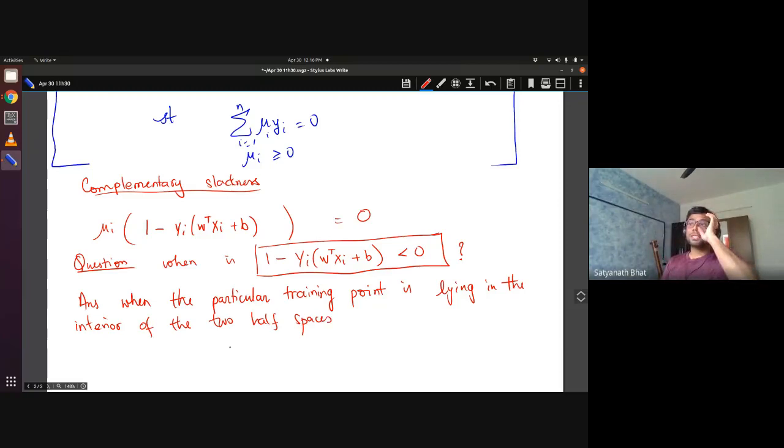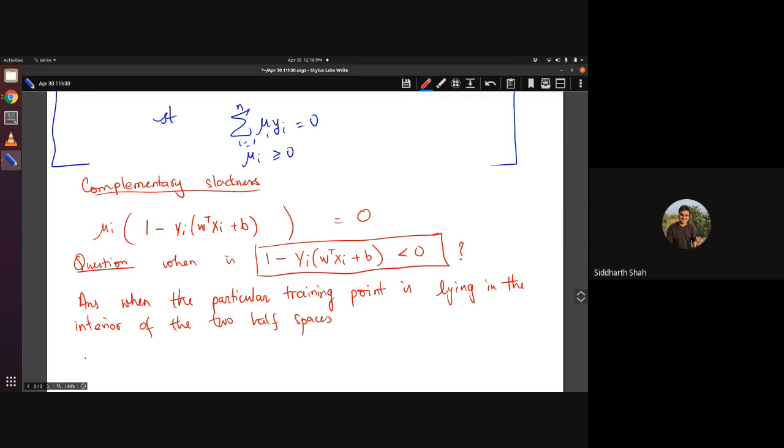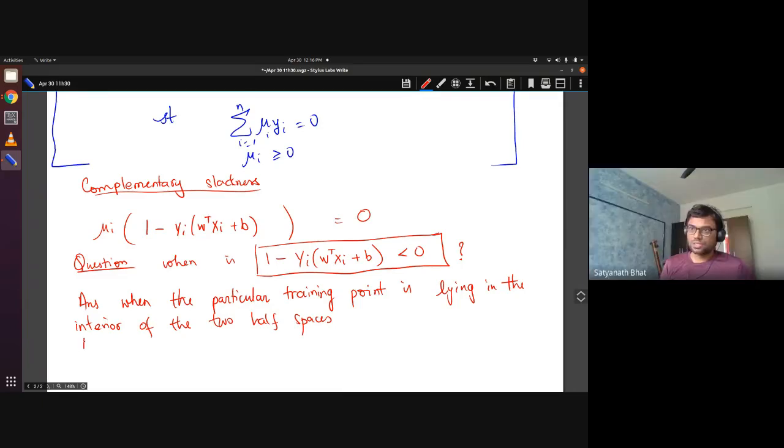So what does complementary slackness say? Whenever this happens, we have to get mu i times something equal to 0. I'm saying the inner term is less than 0. So what is happening? Mu i will be equal to 0. Yes, so this implies that mu i is equal to 0.